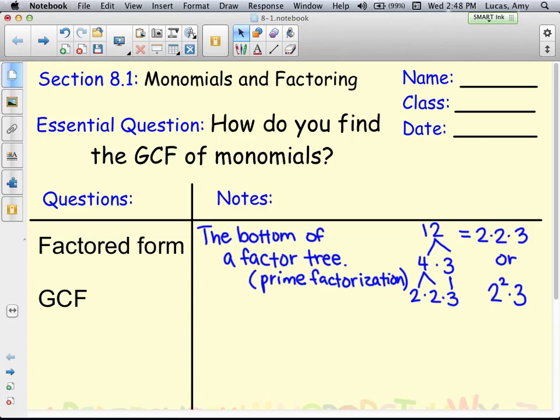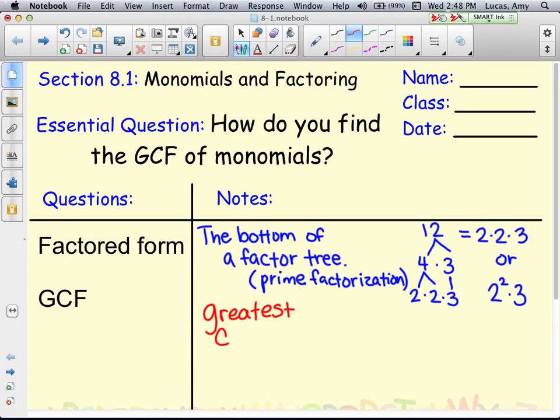GCF, hopefully you remember, stands for the greatest common factor. So, greatest meaning the biggest, common meaning something that they share, and factor as in the factors of a number.